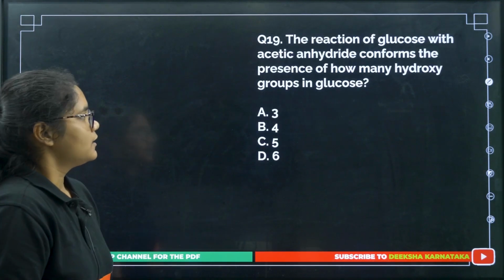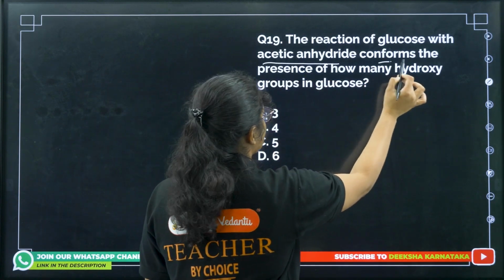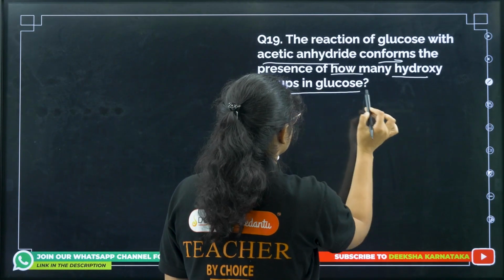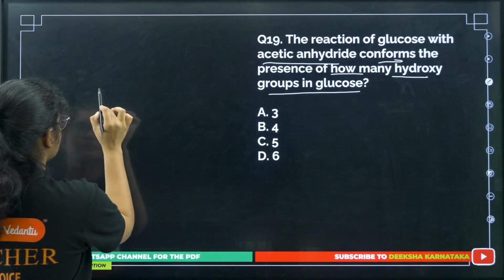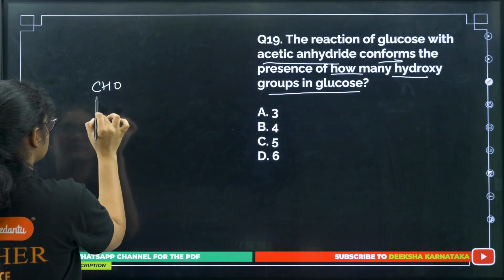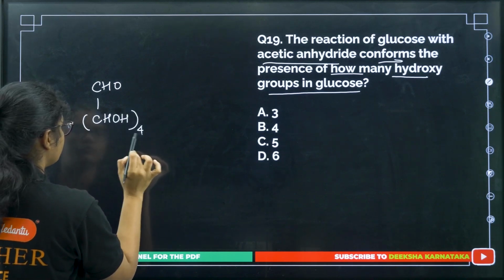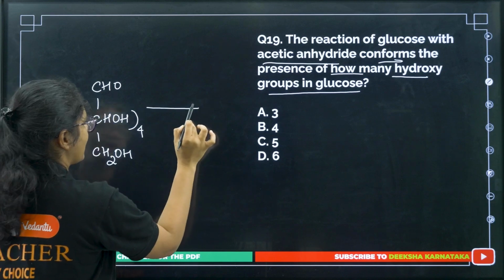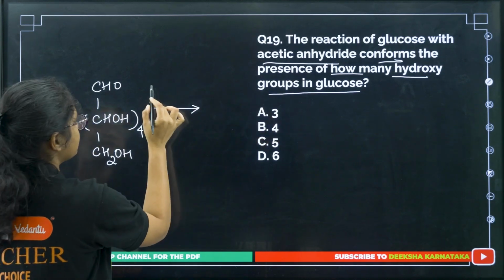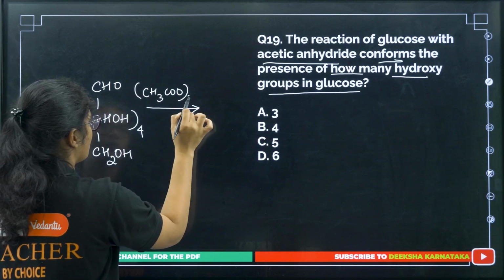Okay. Next, the reaction of glucose with acetic anhydride confirms the presence of how many hydroxyl groups in glucose. So if you remember this reaction, we have CHO, CHOH whole 4, CH2OH, and if you react it with acetic anhydride, that is (CH3CO)2O.